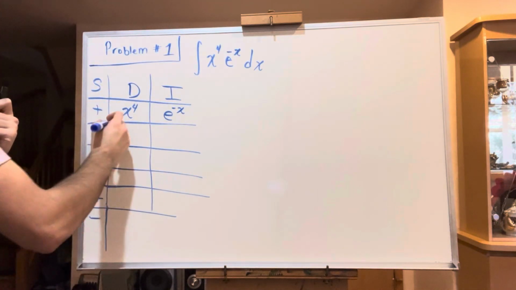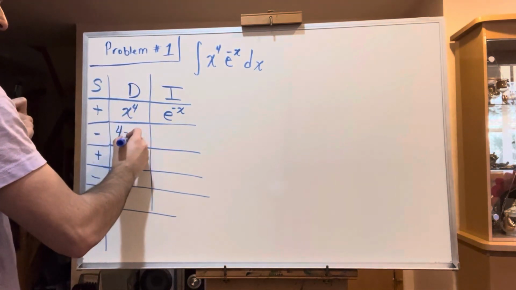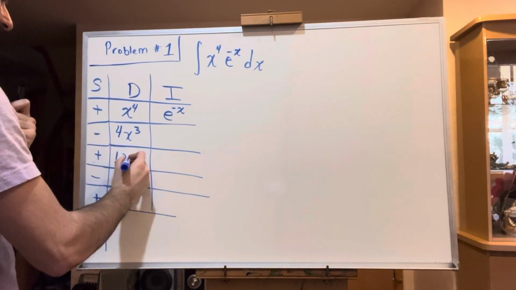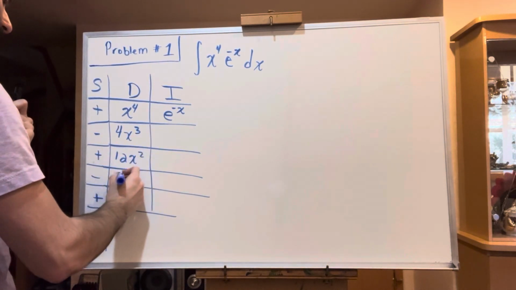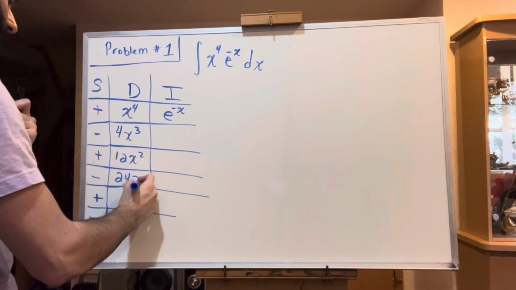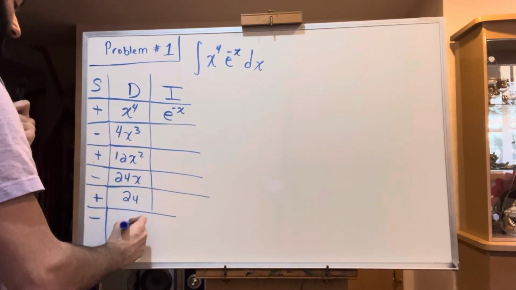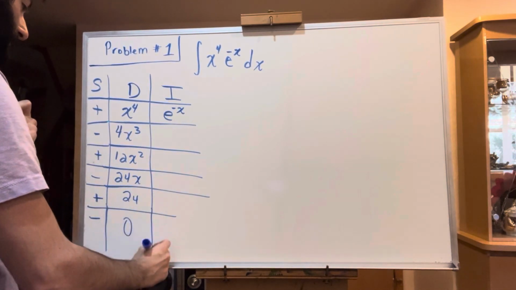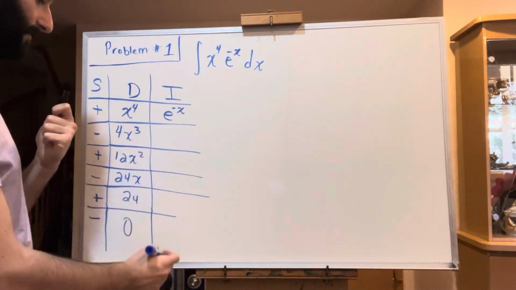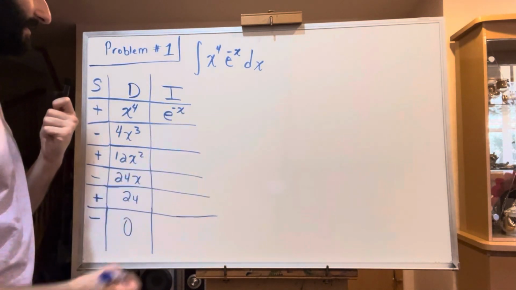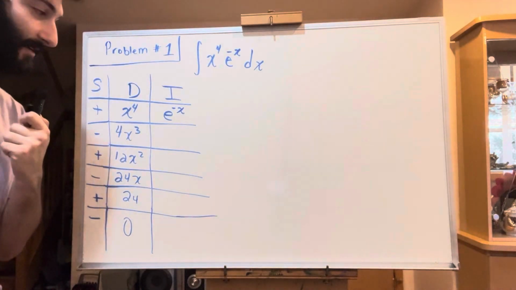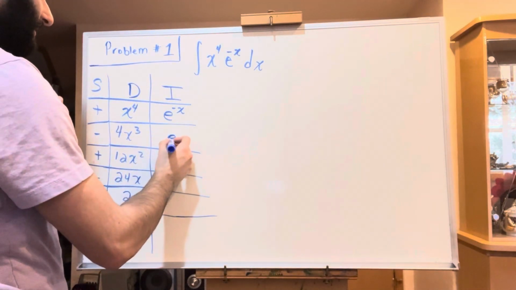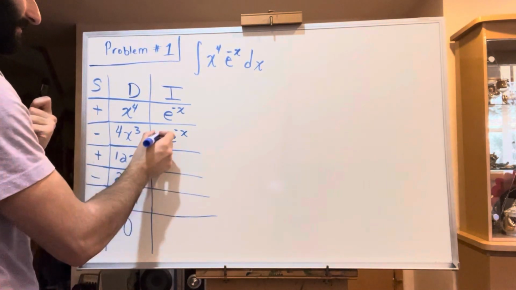We differentiate till 0. So we get 4x cubed, 12x squared, 24x, 24, 0. And now we integrate. What's the integral of e to the negative x? Well, it's just e to the negative x divided by negative 1.